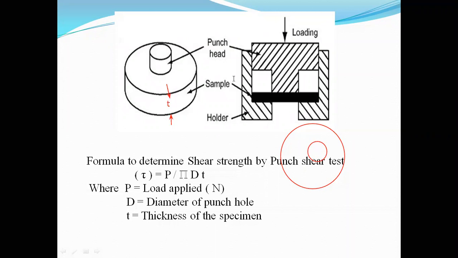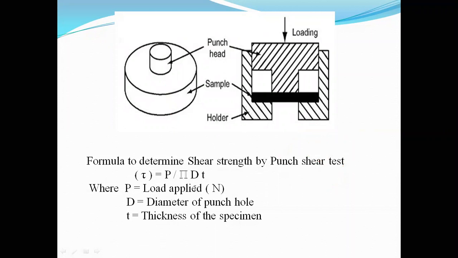D is the diameter of the punch hole. So D is the diameter of the punch hole and T is the thickness of the specimen. The formula to determine shear strength by punch shear test is P by pi D T. Okay, let's move on.